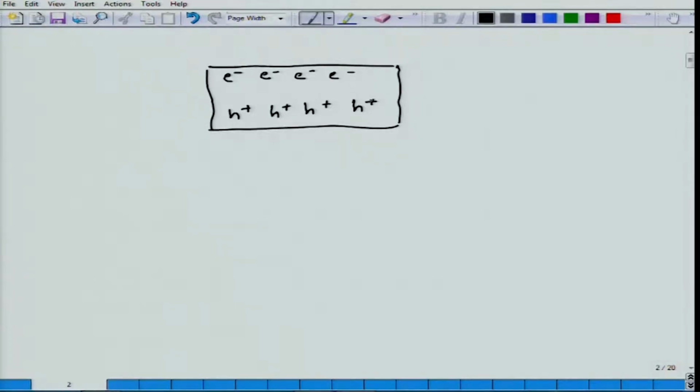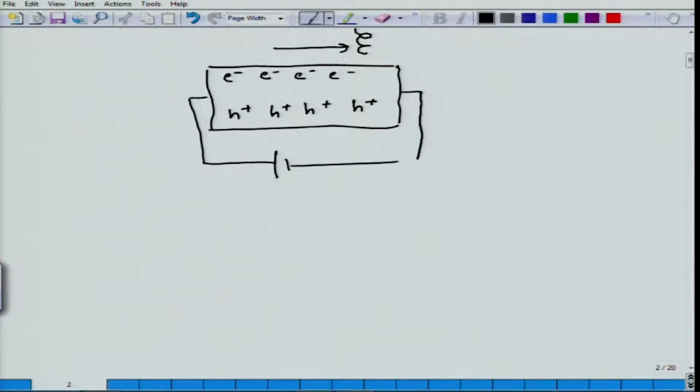When I apply an electric field, and I am going to use this symbol because we have too many E symbols with the E-k diagram, I can apply it by applying a bias to this semiconductor material. With this electric field, we know that the holes, which are effective positive charge, are going to move in this direction, and electrons in the material are going to move in the opposite direction.